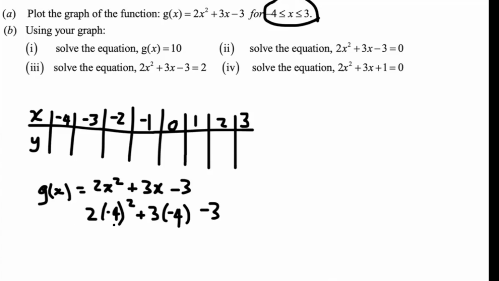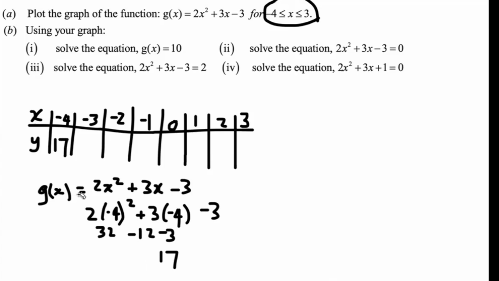So we have minus 4 squared, so that's 16, positive 16 times 2, so that's 32. 4 times 3 is 12, so that's minus 12 minus 3. So that's 32 minus 12 minus 3, so that's 17. So my answer is 17. So I'll have a 17 right here.